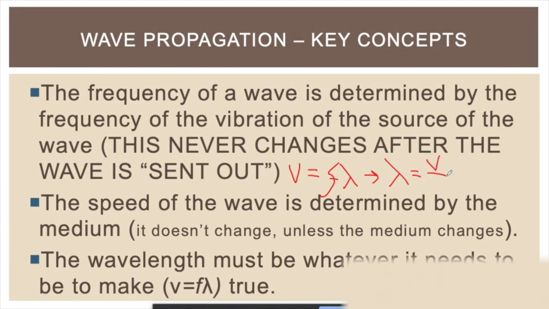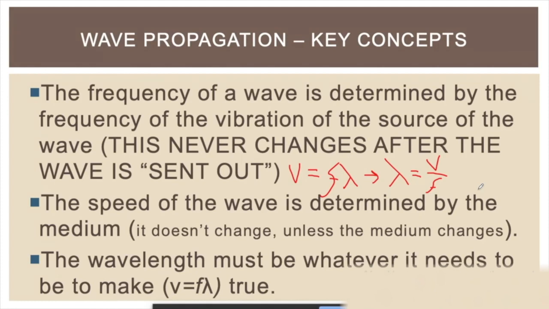We get lambda, the wavelength, is equal to v, the speed, over the frequency. And if we're imagining a wave in a single medium where the speed is a fixed number, then we can see here that the wavelength and the frequency have an inverse relationship.